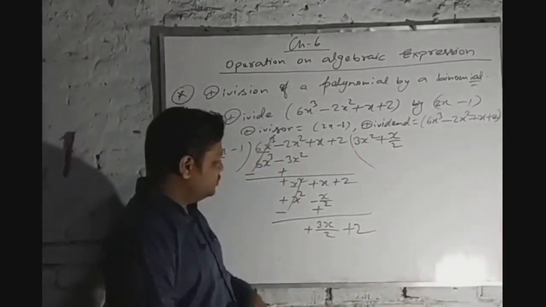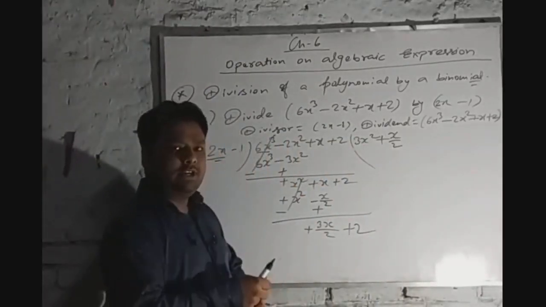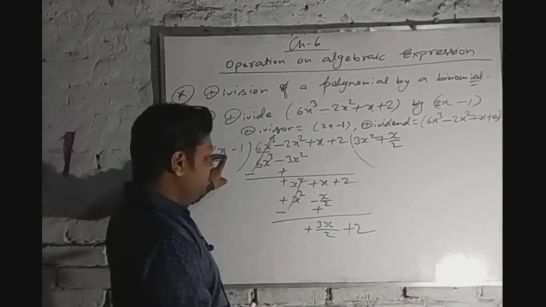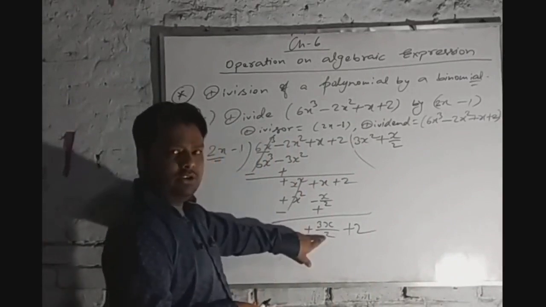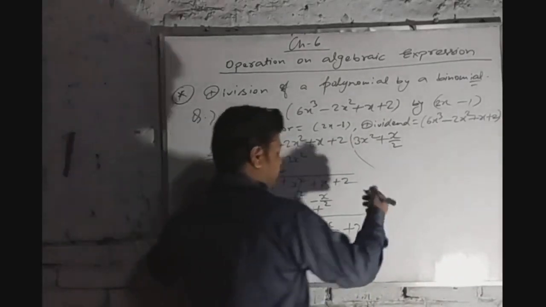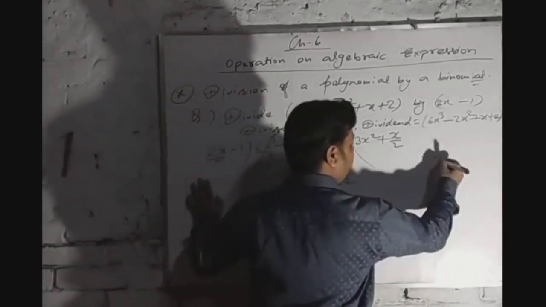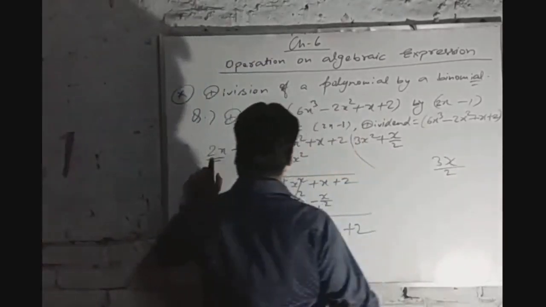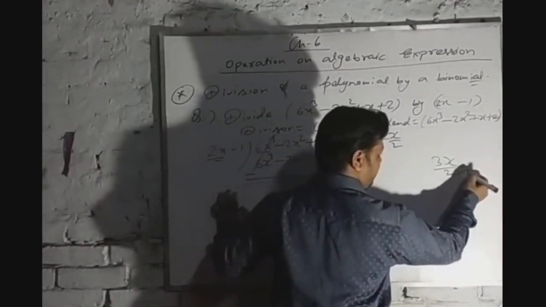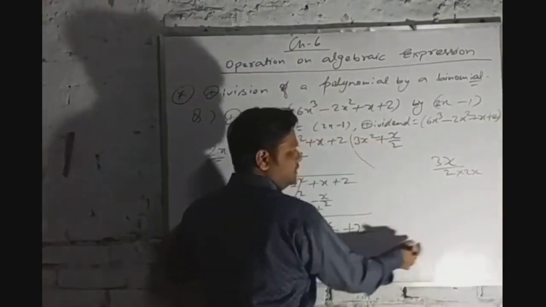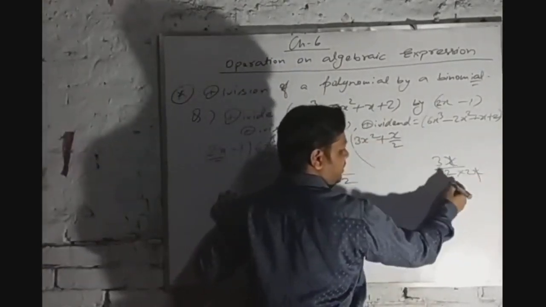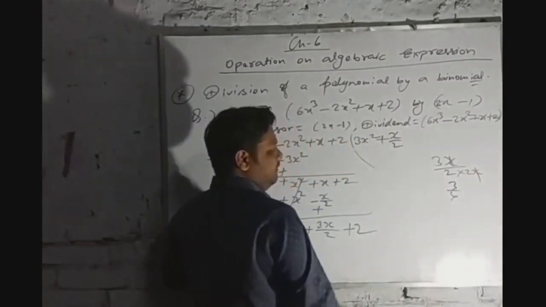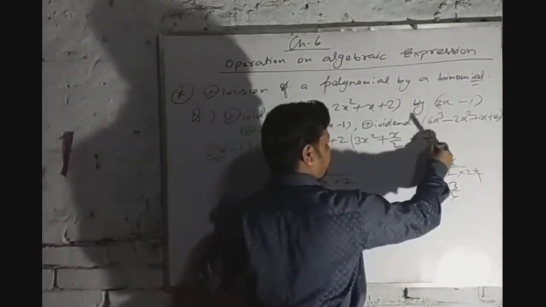Now again solve. Can we solve it? Here the values are x and x, so yes. 3x by 2 divided by 2x means we multiply by 1 by 2x. The x cancels out, and we get 3 by 4, so plus 3 by 4.